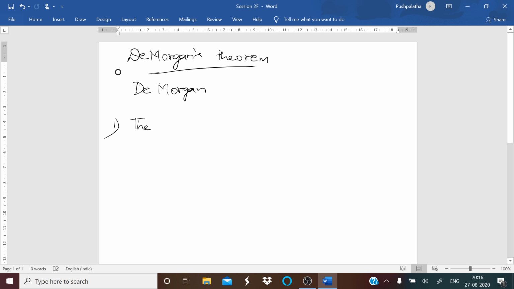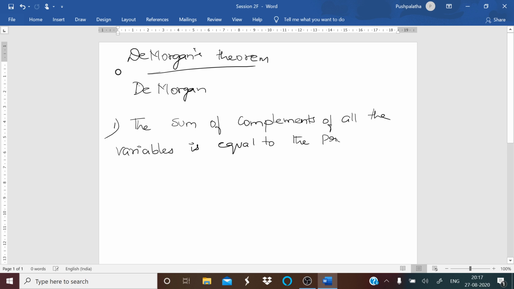One of the Boolean theorems states that the sum of complements of all the variables is equal to the product of complement of individual variables.